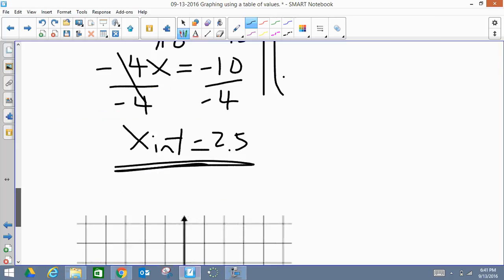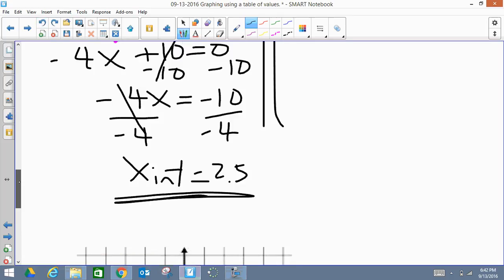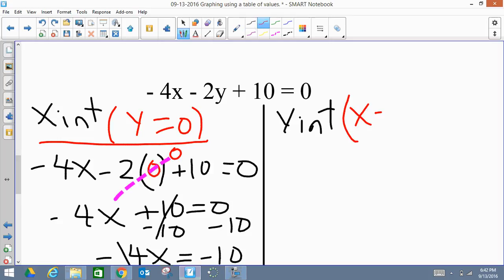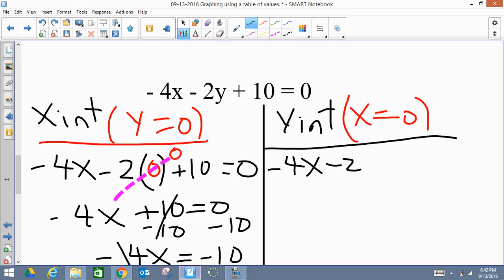Y-intercept. Because I'm looking for my y-intercept, the x has to be 0. Remember, it's the other variable. So negative 4x minus 2y plus 10 equals 0.